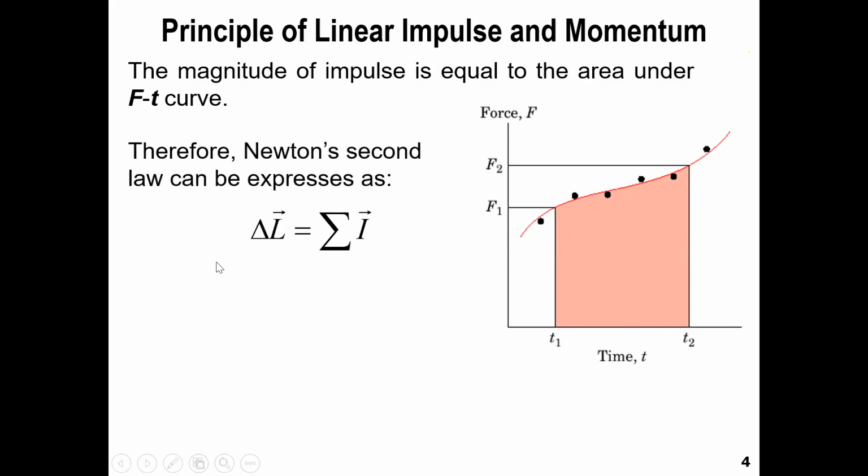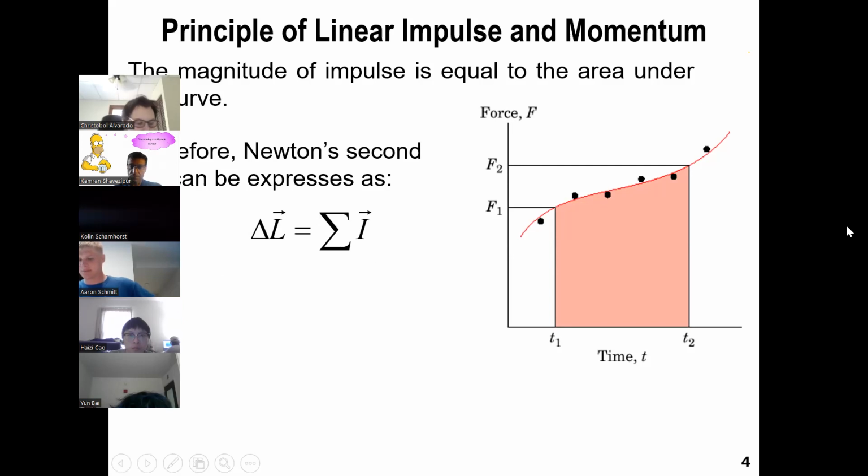And if you consider L as linear momentum and I as linear impulse, practically we can express Newton's second law like this. The change of linear momentum of a particle is equal to the linear impulse applied to the particle, right? Any question?